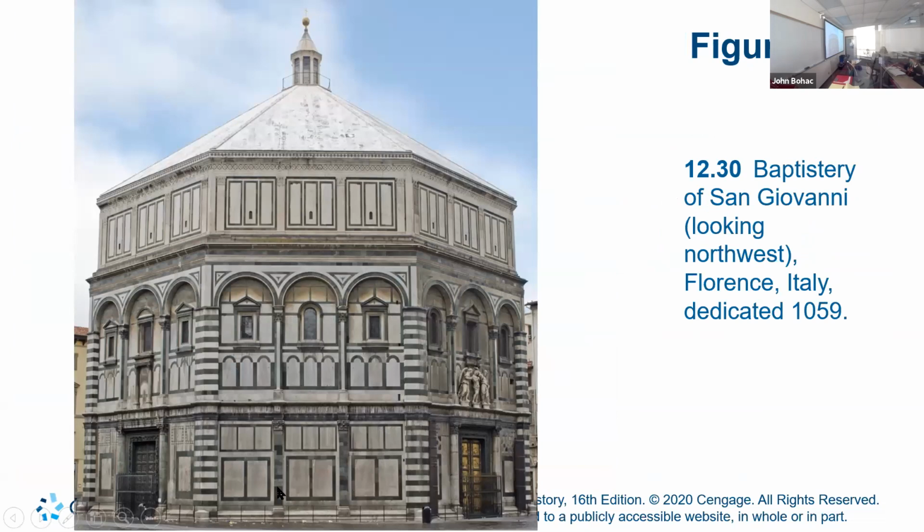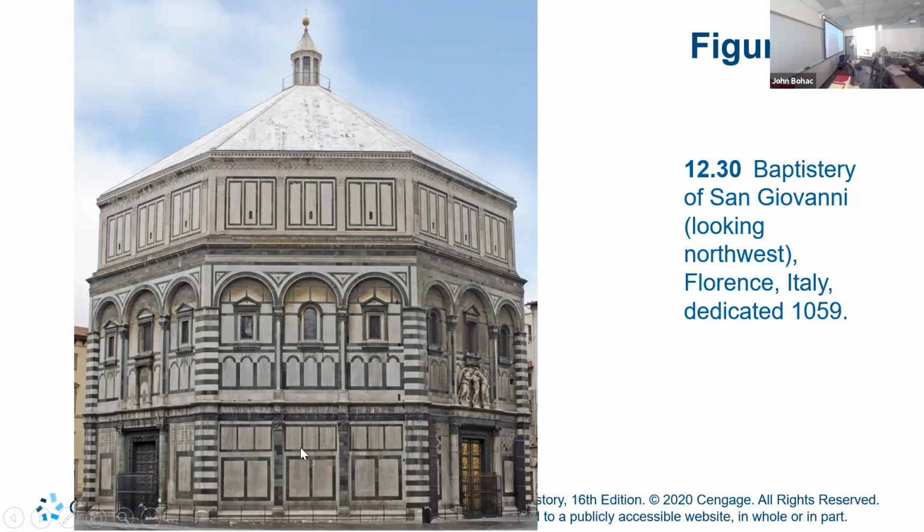This is the baptistry. What I want to point out with Italian architecture of the period is that they really kind of buy into the idea of mathematics and geometry.